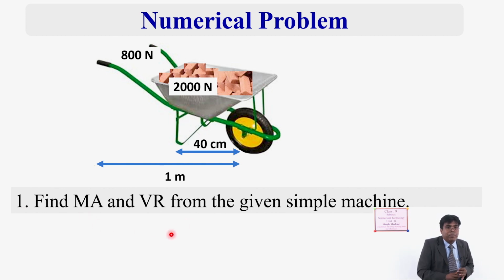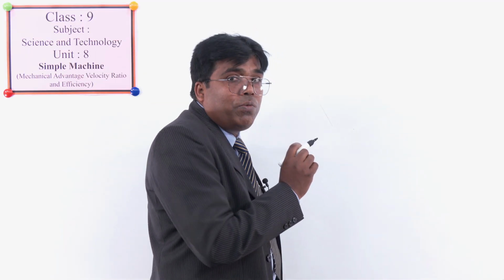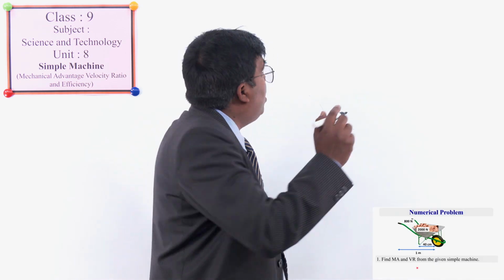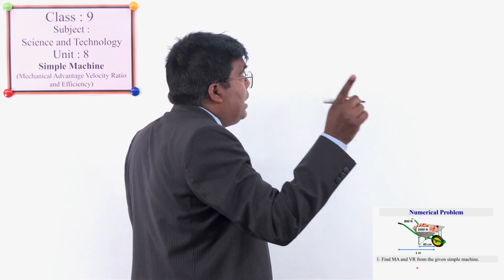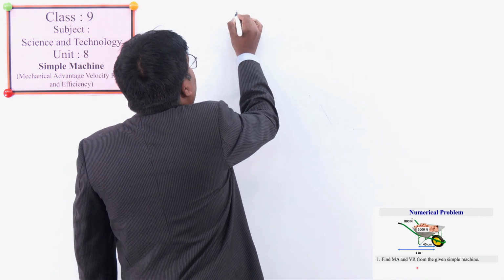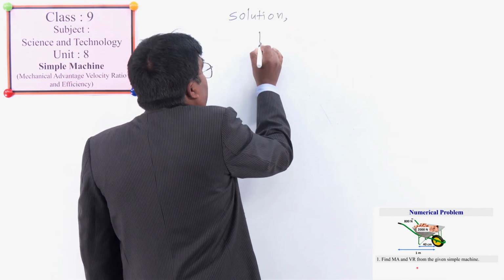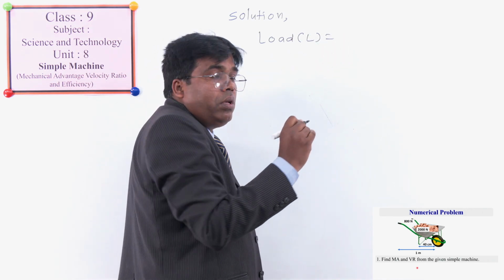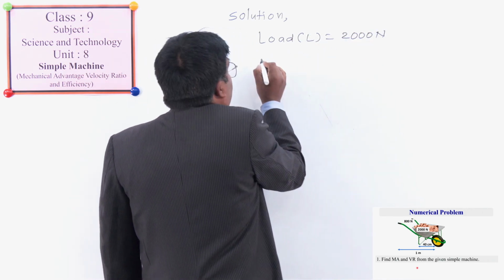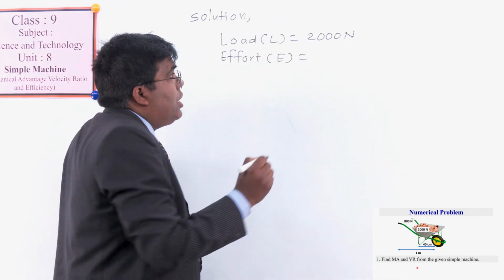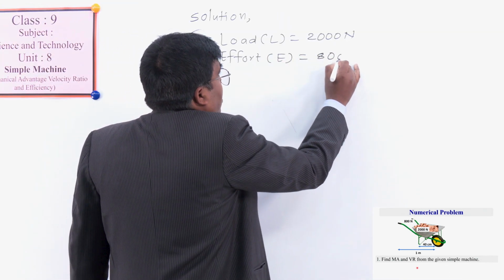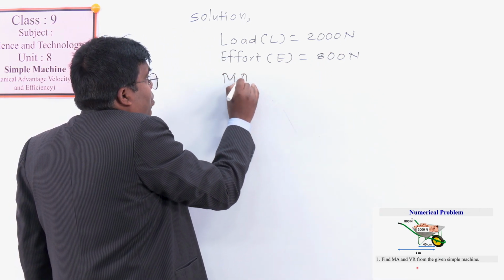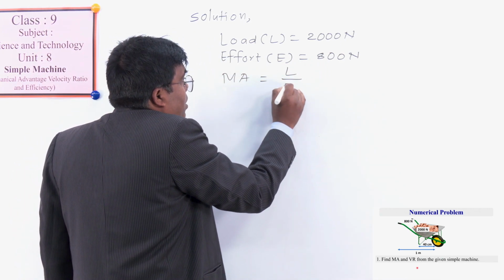Let's see it. First, we want to find MA. In case of MA, we require load and effort. Load is how much? 2000 Newton. Effort, how much? 800 Newton. Good. Then we have to calculate MA. MA equals load by effort.